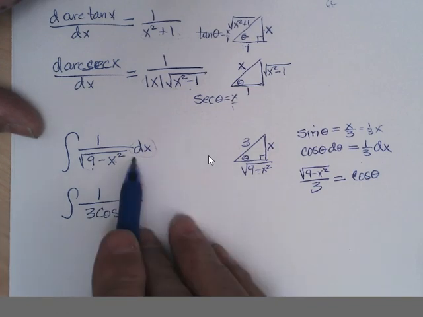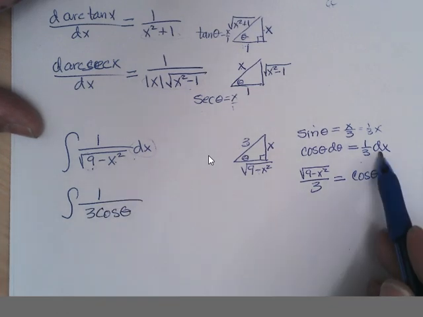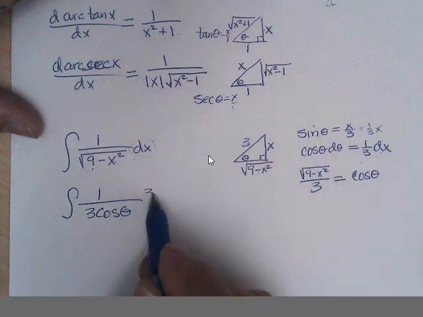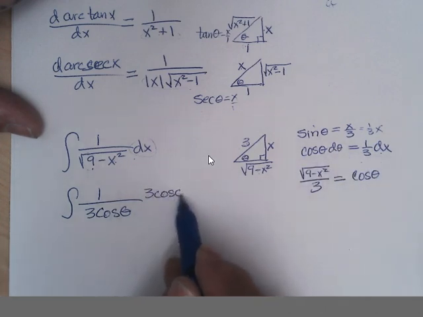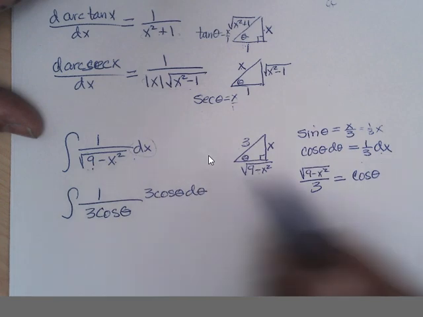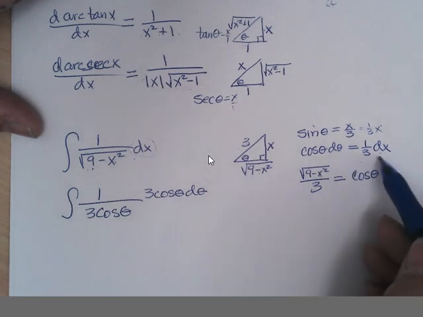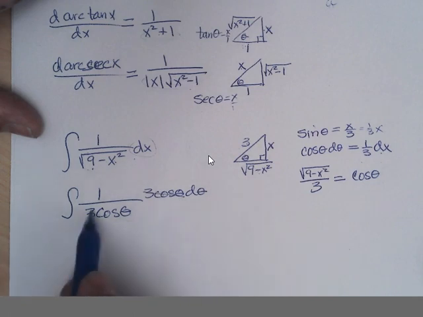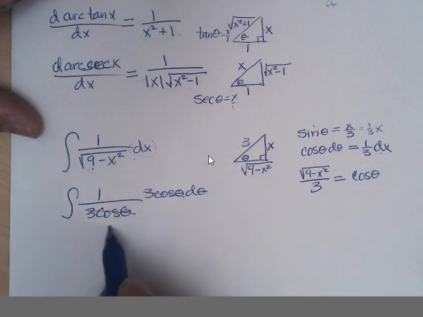The dx looks like that'll be 3 cosine theta d theta. And then we see that this simplifies pretty well. In fact, it becomes only d theta.